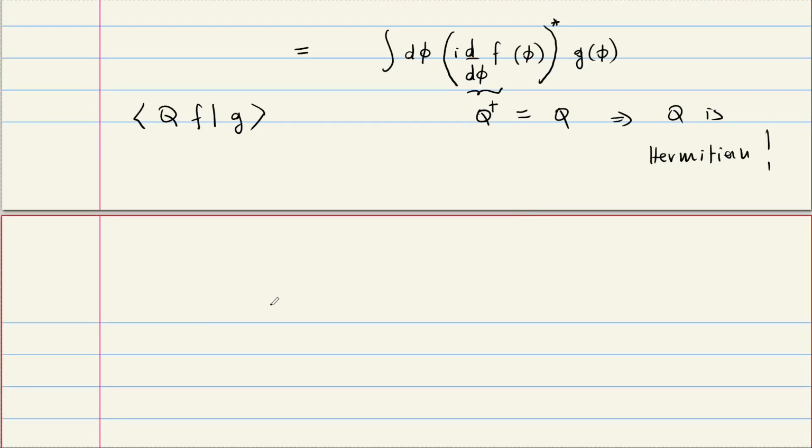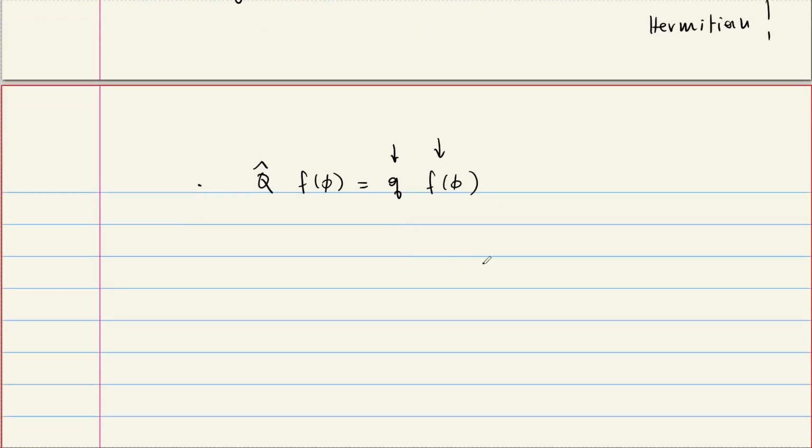Now let's think about the eigenvalues. So Q acting on f of phi should give us some q times f of phi. And our goal is to find, right, the eigenvalue equation is asking for both eigenvalues q and eigenfunctions f. We need to find these two, which is very simple because this is a first order differential equation. So this is i d/dphi f equal to q f.